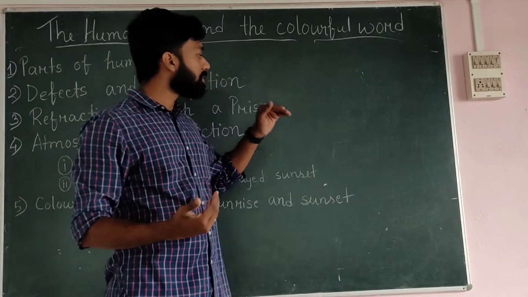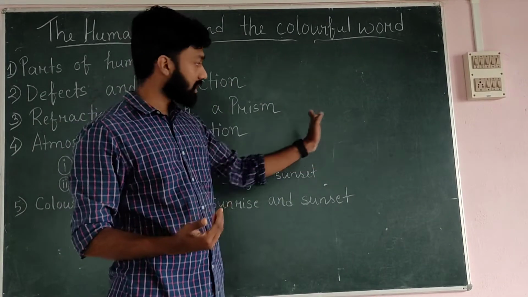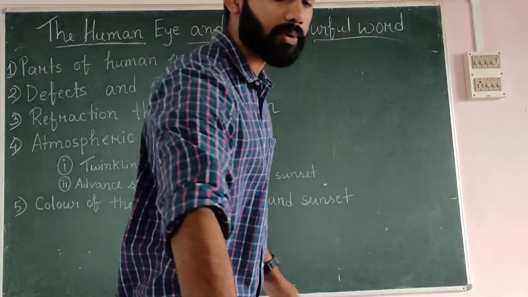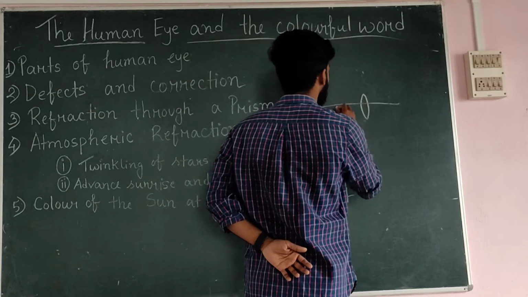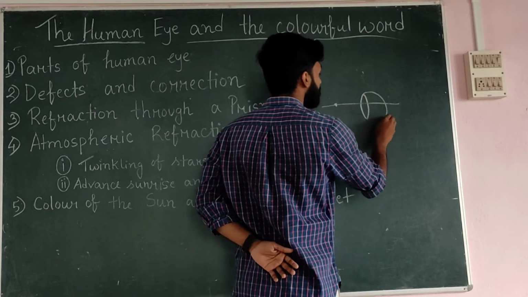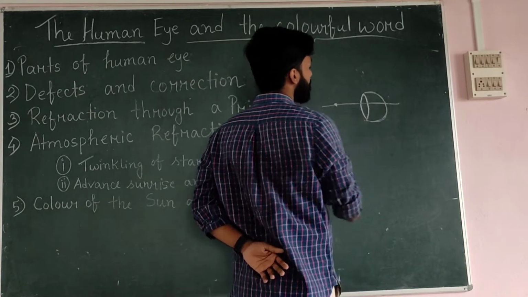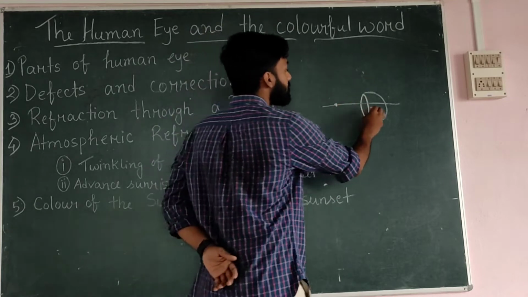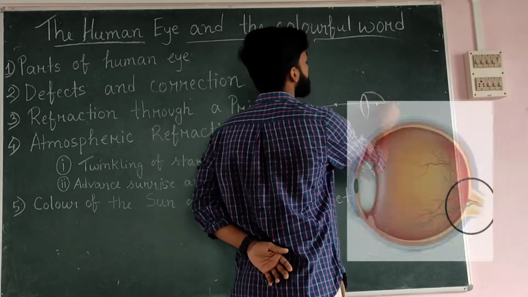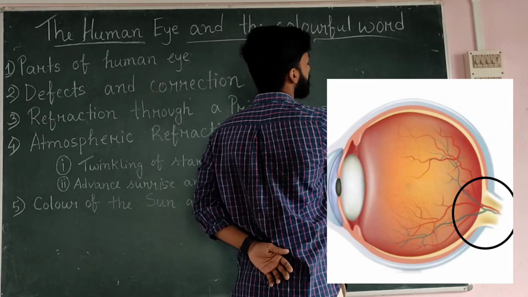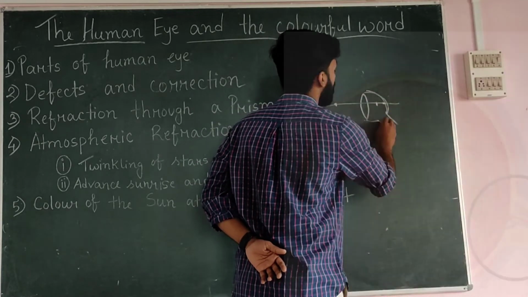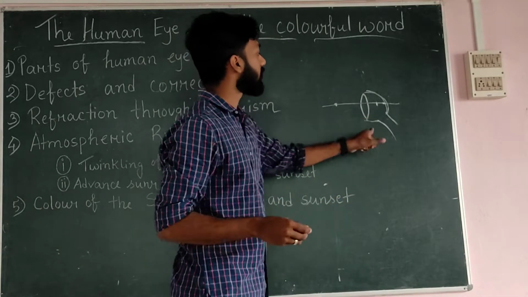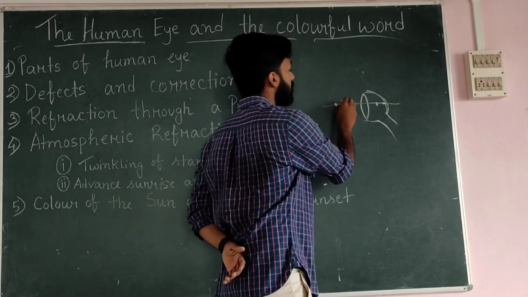That means, this is the eye lens, this is the object, and this is the eyeball. Actually the image needs to form at the retina, here, where the optic nerve also is. Okay, so this is the eyeball, this is the eye lens, this is the object.